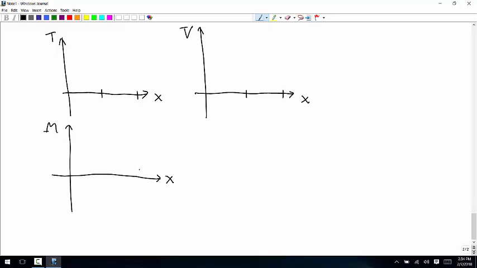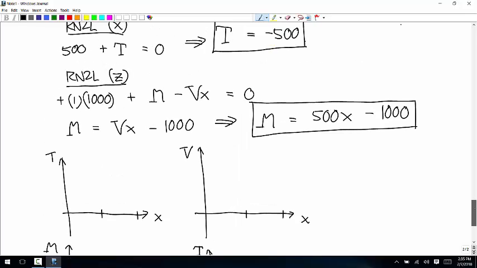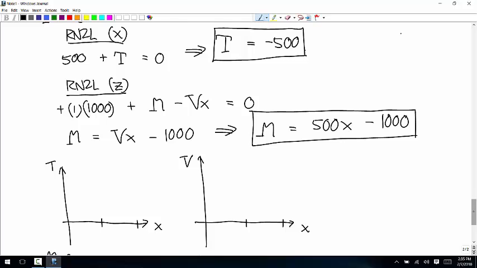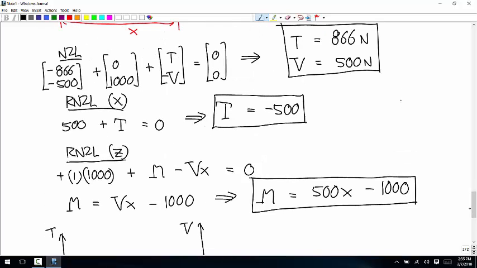Here's the bending moment versus x. And the torque versus x. I didn't write this before, but the idea is that these subfunctions are only valid for x's between 1 and 2.